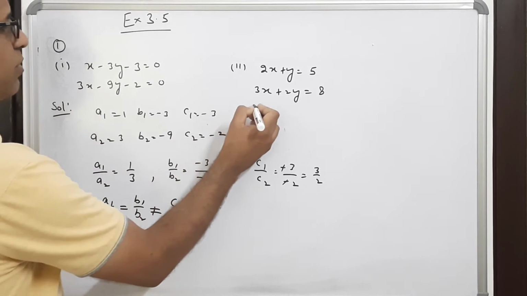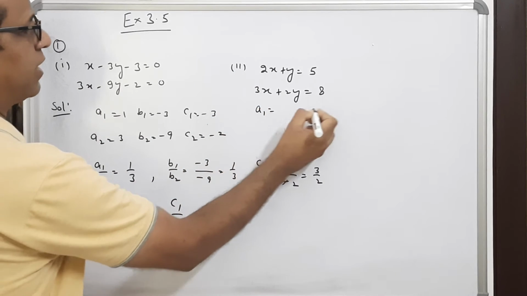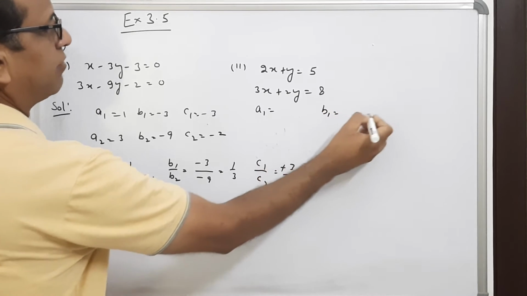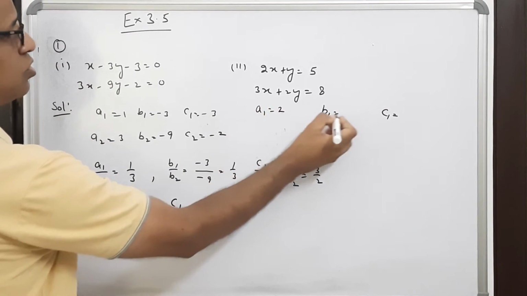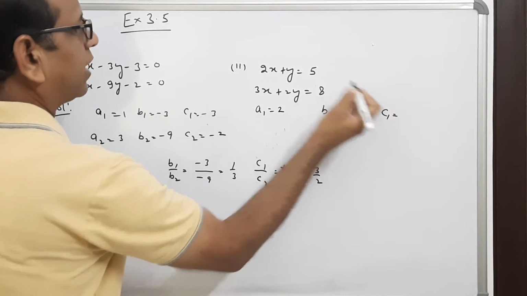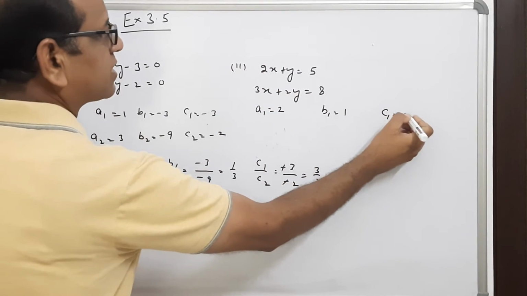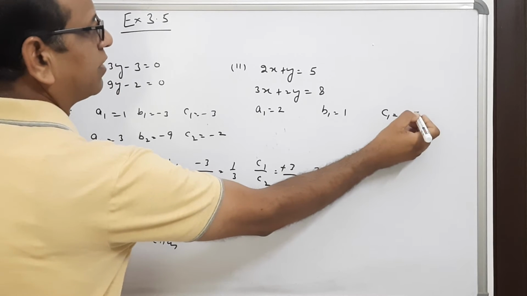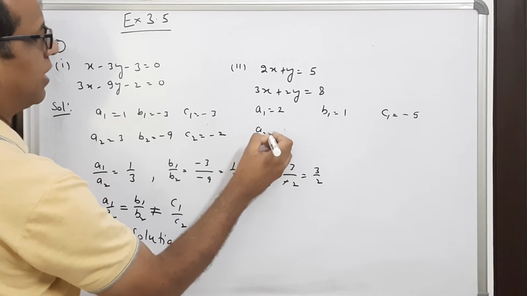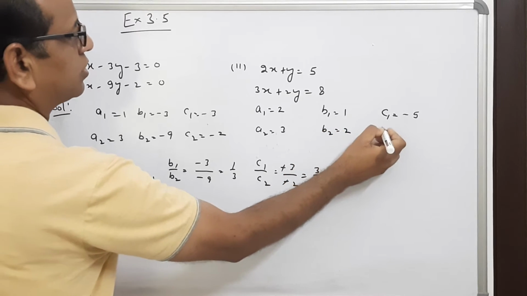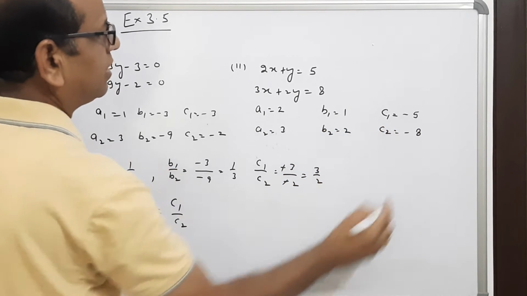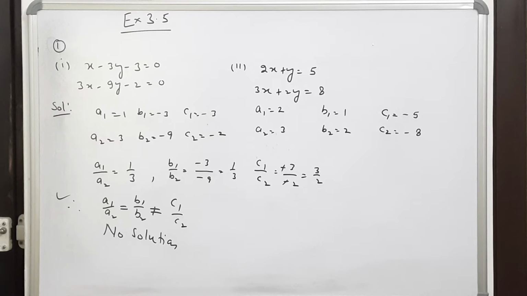In the second one, see the value of A1, the value of B1 and the value of C1. The value of A1 is 2, B1 is 1, and we have to transfer the 5 to this side, so C1 will be -5. Similarly, the value of A2 is 3, the value of B2 is 2 and the value of C2 is -8.